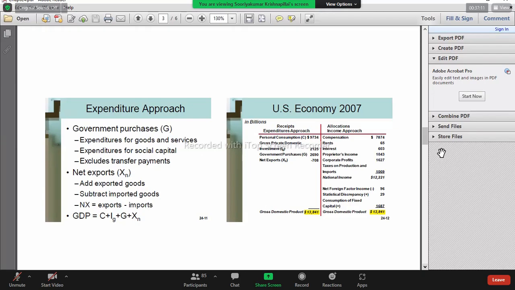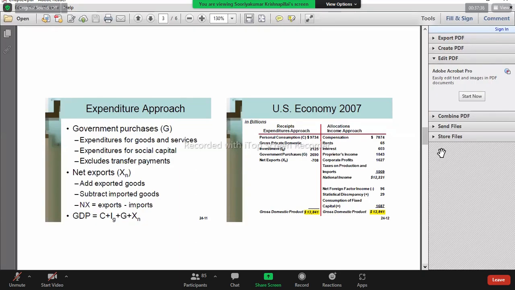Here the net export is negative. That means they consume more than they export. So export minus import is negative.